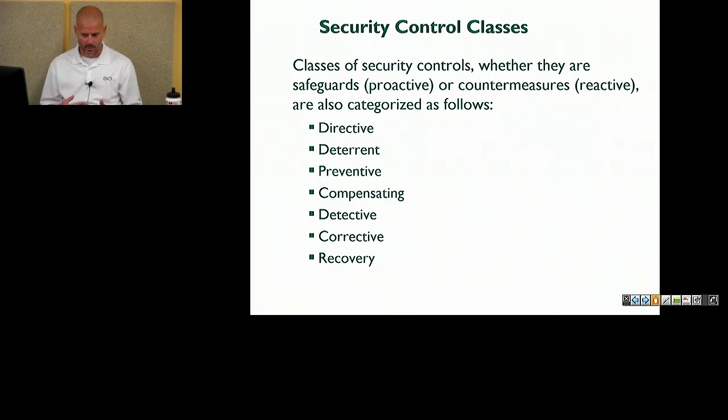Your corrective controls are going to be controls that are implemented during an incident. A security incident has been reported, it's active. You're going to put corrective controls in place to minimize the impact of that incident. And then recovery controls are only going to be deployed once the incident has been isolated and contained.